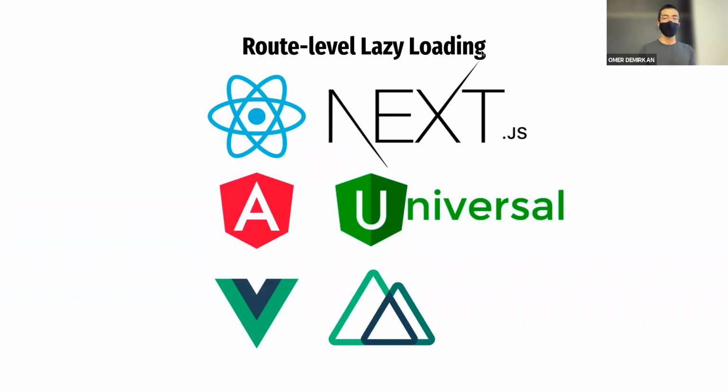Next, route level lazy loading. Some things you can do explicitly, but in my opinion, if you're at the very start of a project and need something that's accessible to those with slow internet, consider one of these frameworks, right? For React.js, that's Next.js. For Angular, that's Angular Universal. For Vue, that's something called Nuxt, I believe, which is a very strange name. Use one of these tools, right? I think a lot of these are extremely popular.